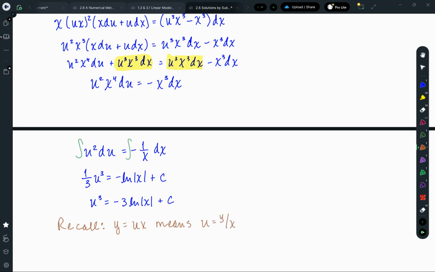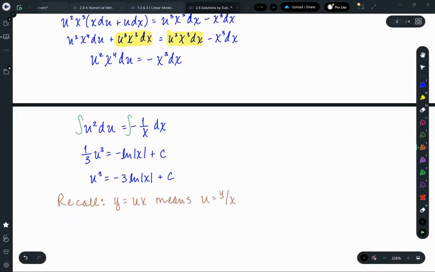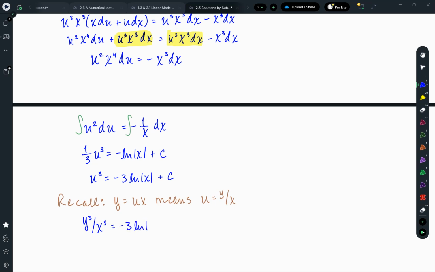And so that u cubed needs to now become y over x cubed. Okay? So if u is equal to y over x, we're going to substitute that into our u cubed. And what happens is we get y cubed over x cubed is equal to minus 3 natural log of the absolute value of x plus c.